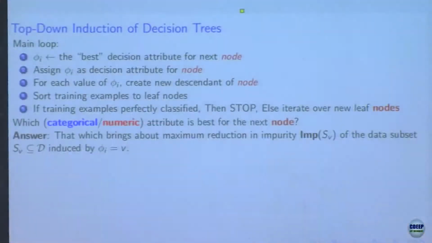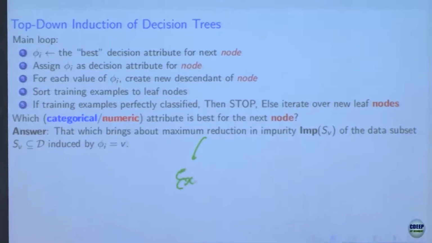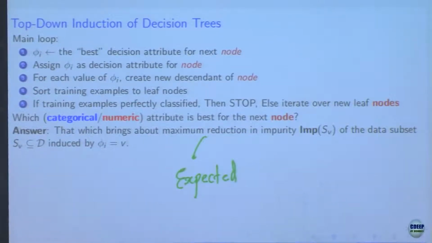In plain text we are saying: bring that attribute phi which brings about maximum reduction in impurity of the data subset induced by phi I. To be technically consistent, we are saying maximum expected reduction, data-weighted across all the branches. And that's what we have written on the board here.